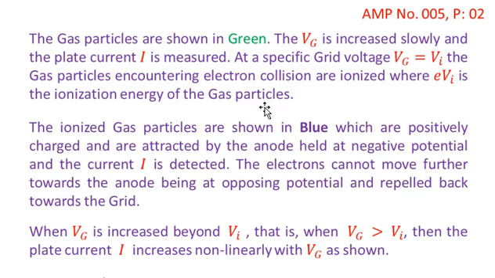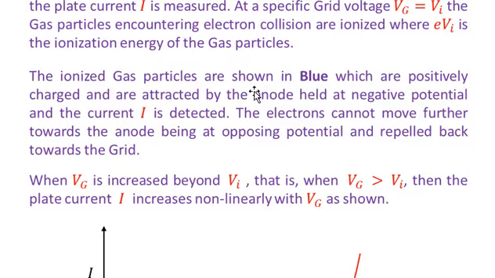The electron will acquire kinetic energy due to the grid voltage Vg equal to eVg. And the ionization potential of the neutral mercury atoms, represented with the green dots, will be equal to eVi, where eVi is the energy which is required to ionize the gas atoms represented in green.